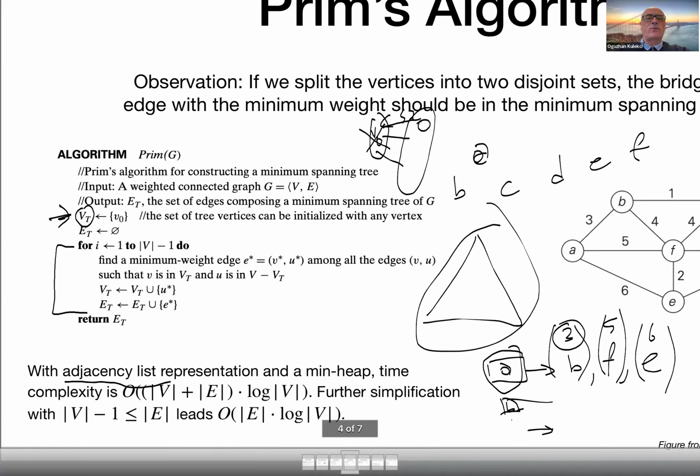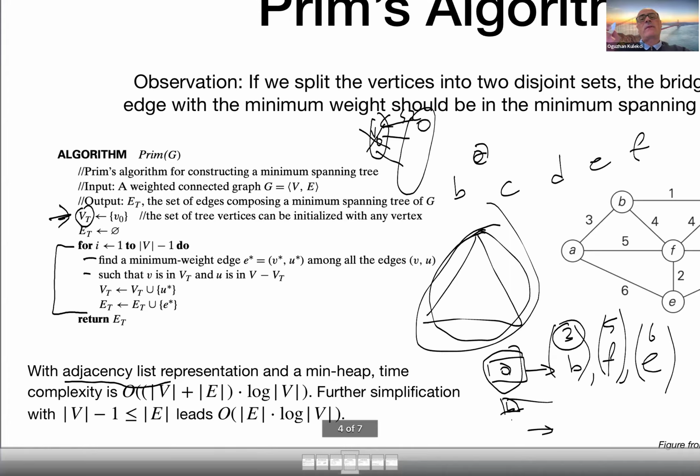But which vertex should I choose? I should choose the one which has the minimum edge weight connecting with the elements in S1, okay? So I run this one. So that is actually going to my min heap data structure, finding the minimum guy, the one with the highest priority, but I'm not done.